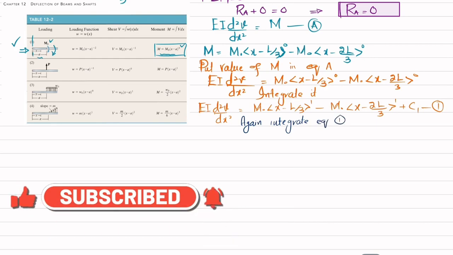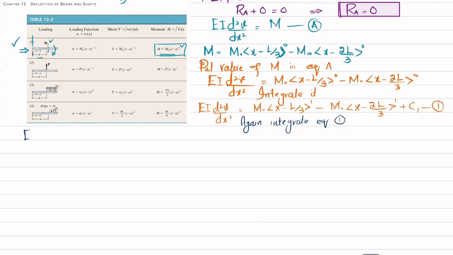So you will get EI into v, which is deflection, is equal to M₀ into (x − L/3)² divided by 2, minus M₀ into (x − 2L/3)² divided by 2, plus C1 into x plus C2, and this is equation number 2. Now C1 and C2 are unknown constants of integration and they can be found by using boundary conditions.